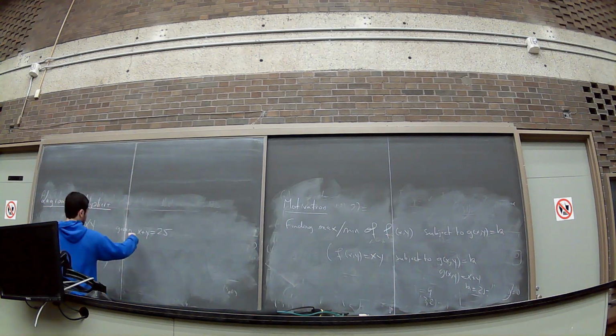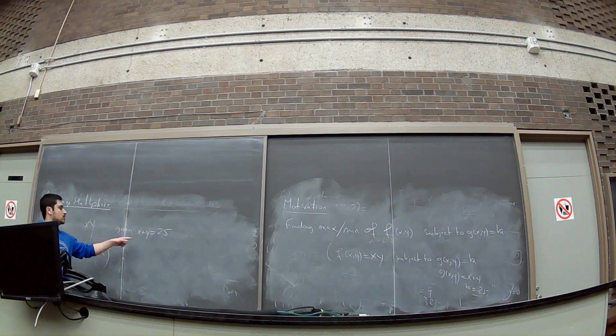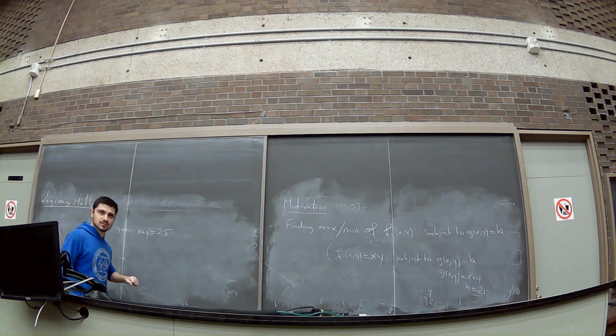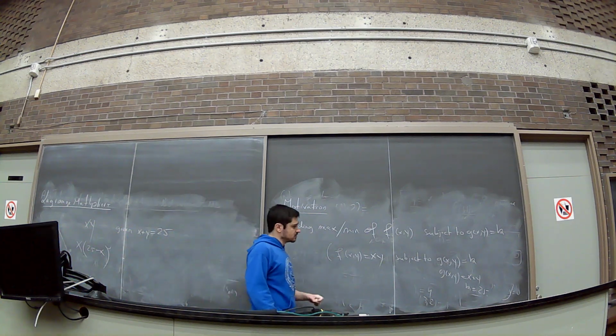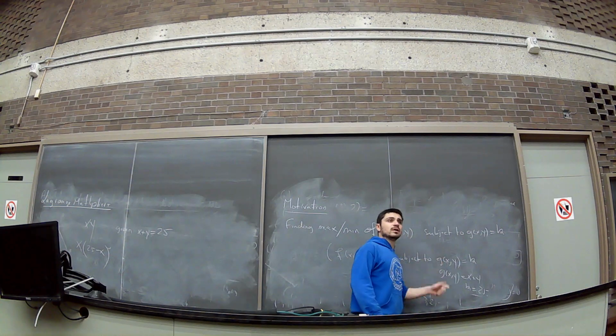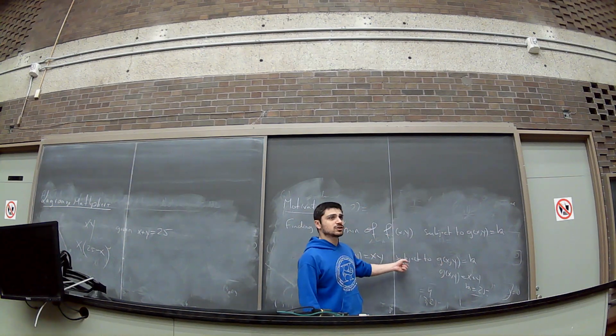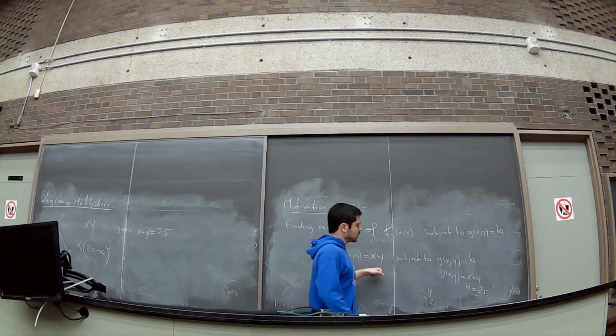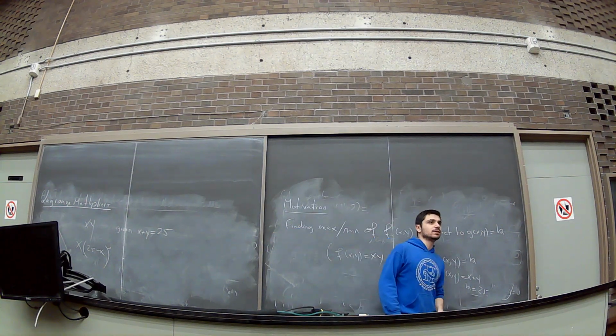This is half the perimeter. You want to find the rectangle of largest area whose perimeter is 50: 2x plus 2y is 50. And that's what you did. Is this formulation clear? So I have to maximize xy subject to x plus y equal to 25.